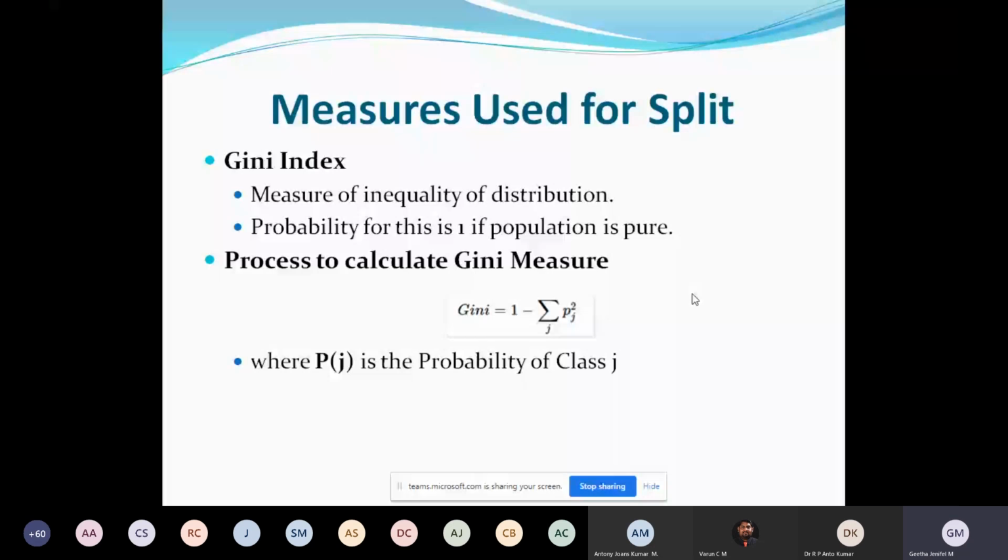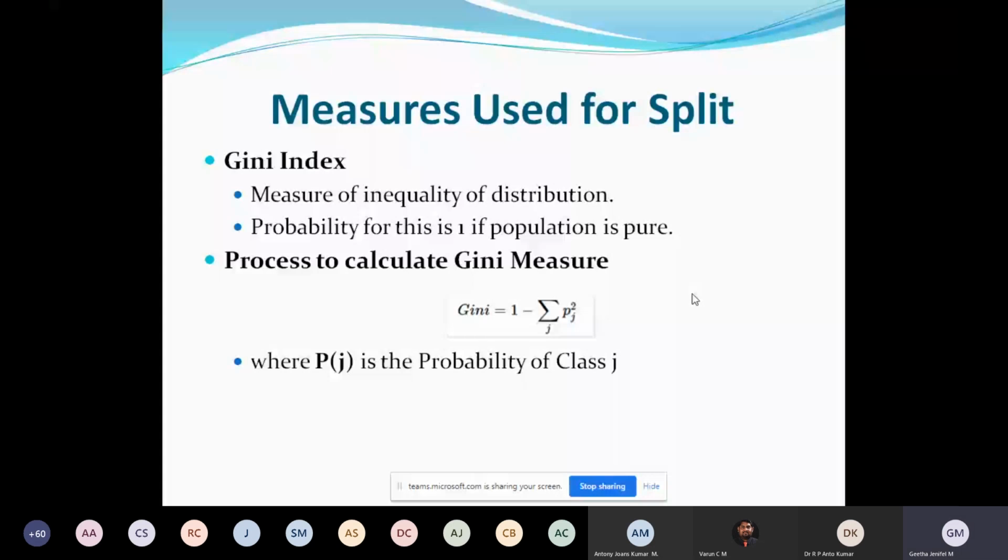Here we select two items from a population. The probability that the two items are of the same class equals 1 means the population is pure. The lower the value of the Gini index, the higher the homogeneity.